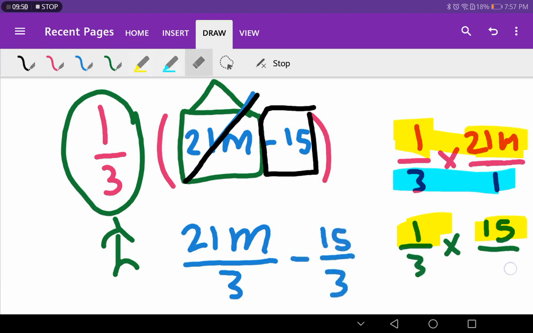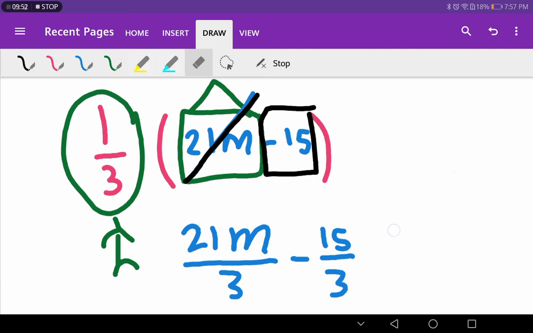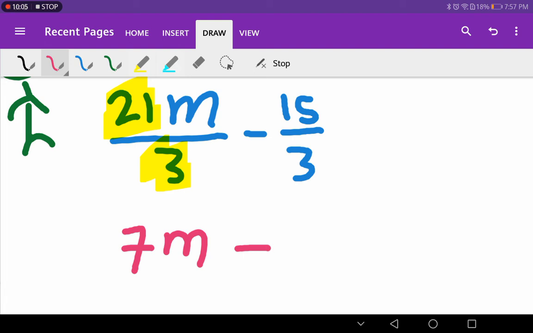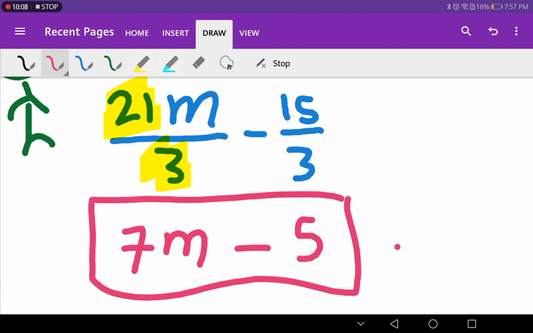Till now it is good, yes? Now we have to simplify it. 21 over 3 is 7. 21 divided by 3 is 7, so 7m. Negative 15 divided by 3 equals negative 5. So we are done.